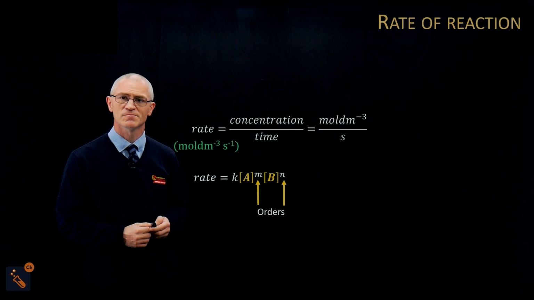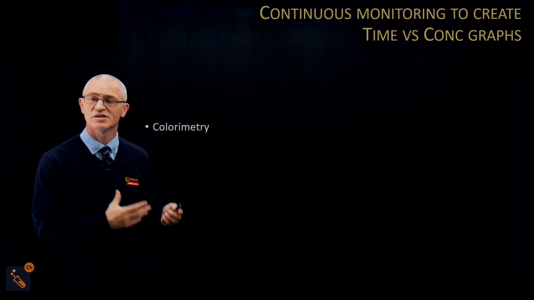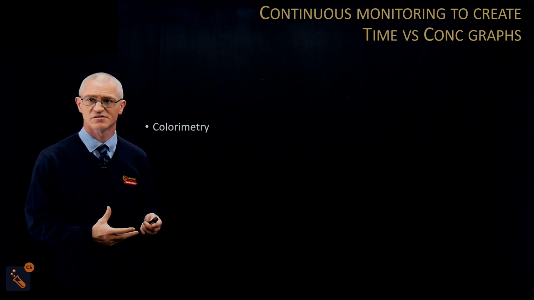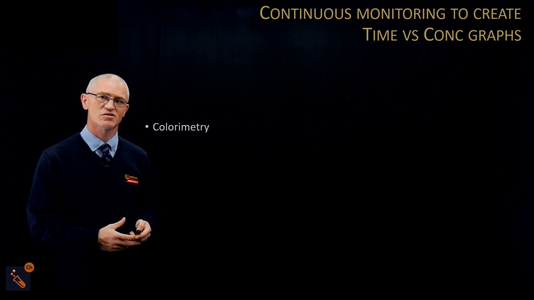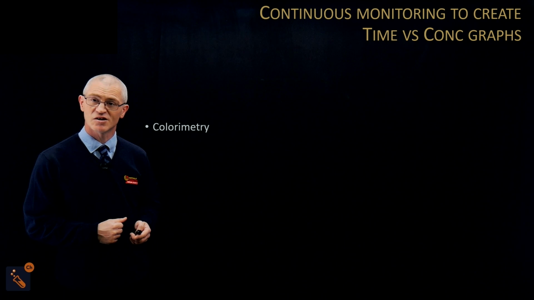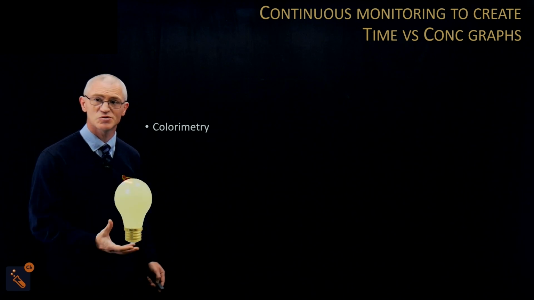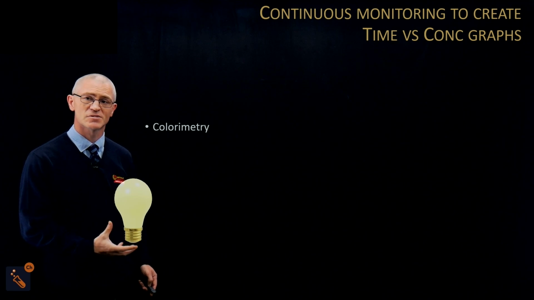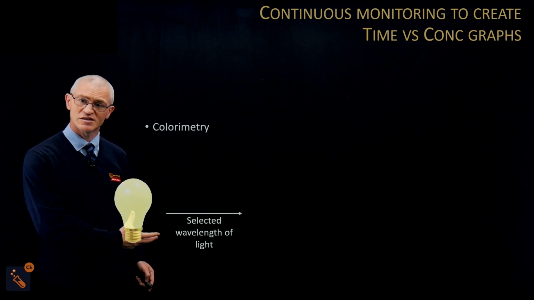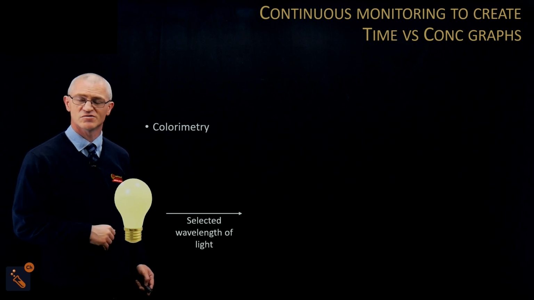But before we do so, we're going to talk about how you find out the concentrations to even calculate rate. And there are two methods we're going to concentrate on. One is colorimetry, using a colorimeter, which you may have used in biology. In simple terms, it takes a source of light and then something that selects the wavelength of light, for example, 540 nanometers.